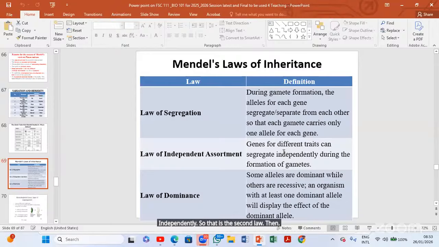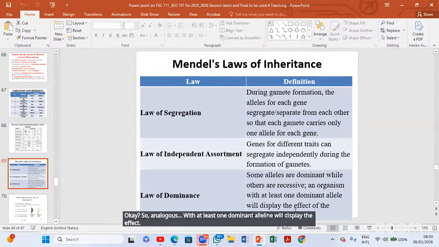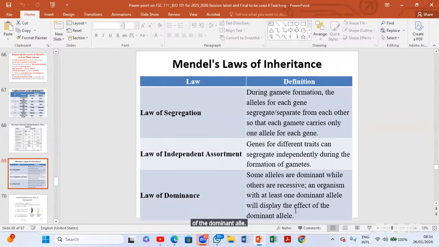So that is the second law. Then he equally talked about the law of dominance, though that one did not become a law. What he said was some alleles are dominant while others are recessive. So an organism with at least one dominant allele will display the effect of the dominant allele. This one is true to some extent, but not totally true.